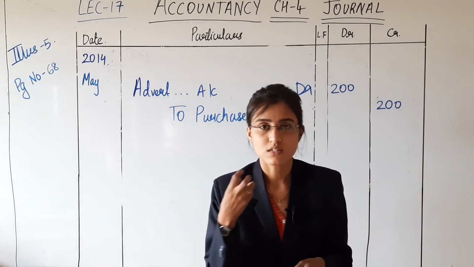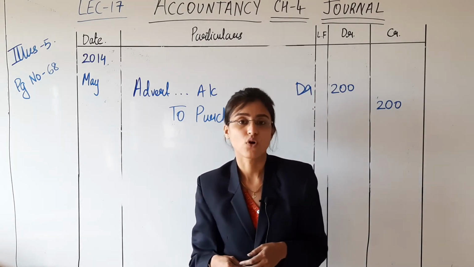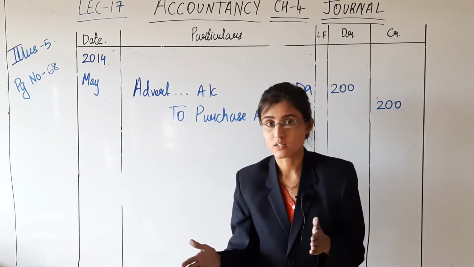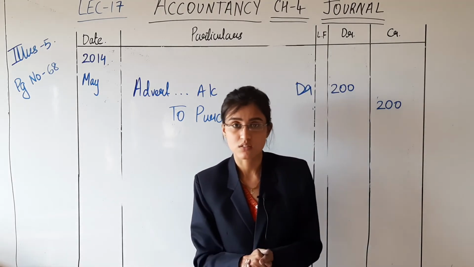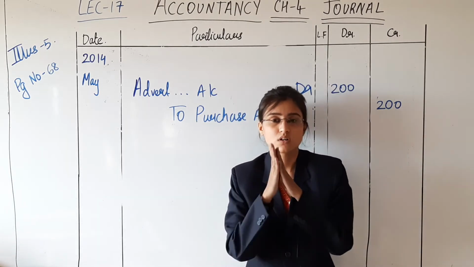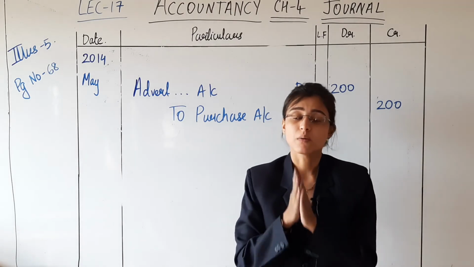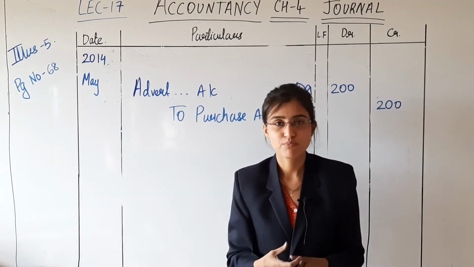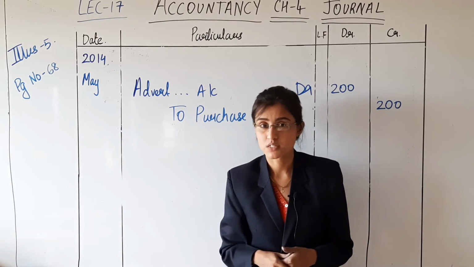Drawings is anything that is withdrawn by the owner for personal use. You see, all the terms have been applied here practically. I used to say this in every lecture, that no doubt this is the first lecture, this is completely theory. You might be feeling that it is a little bit boring and difficult to understand.